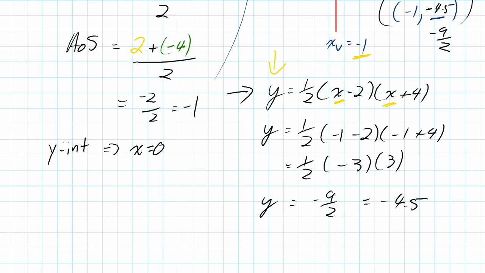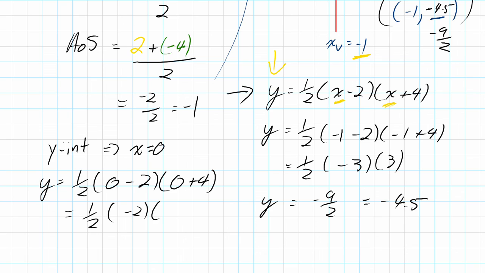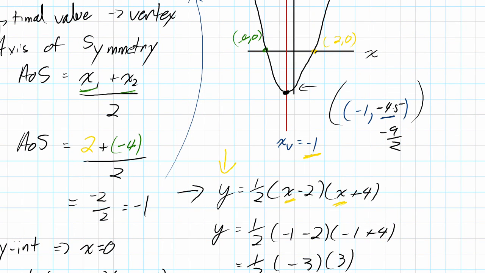So the exact same process we did here with x equal to -1 for the optimal value, or the vertex, we repeat in the exact same equation we're given, but instead of -1, like we had just previously done, we use 0. So we get 1/2, -2, and 4. That gives us -8/2, which is -4. Excellent. Now that's actually a really easy one. So in other words, we were crossing at this point at -4 right on the dot.